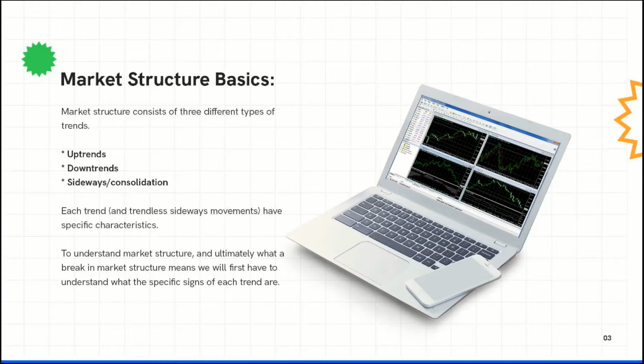What are the specific characteristics of each trend? That's what you need to understand first, before you dive into the whole concept of market structure, breaking market structure, and the likes.